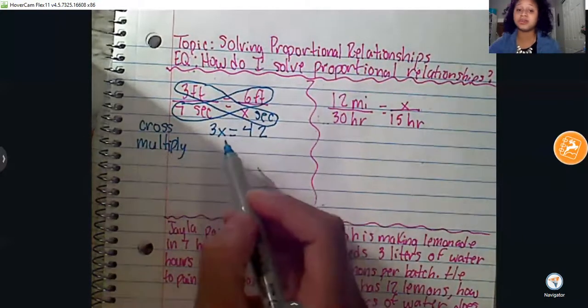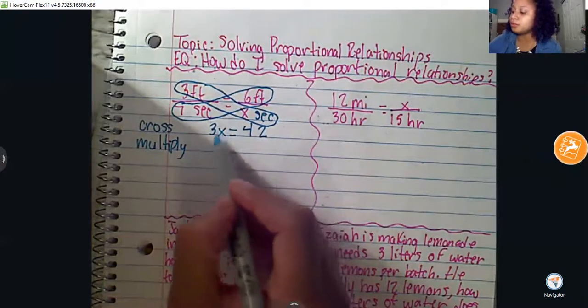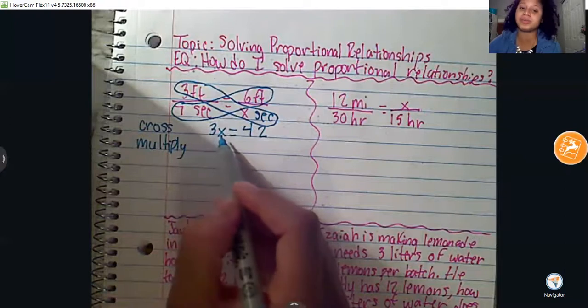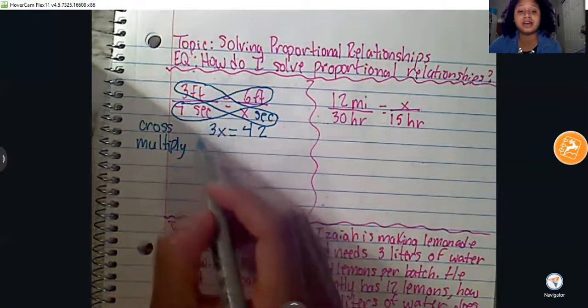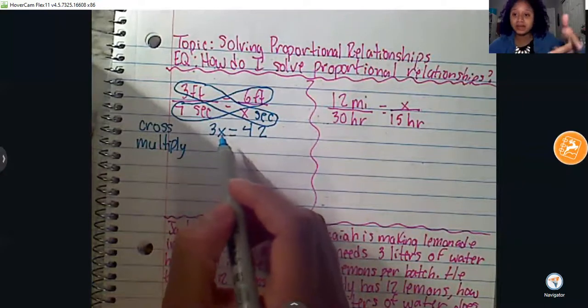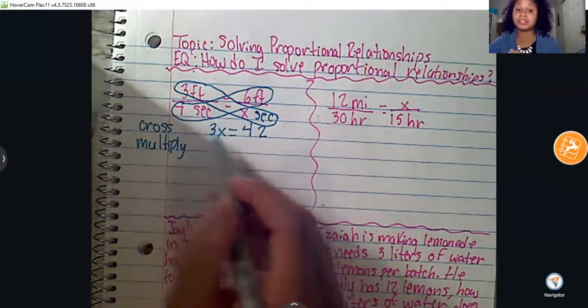So then this just becomes a one-step equation that you need to solve. This is like saying 3 times x. To solve this, you would do the inverse operation, which is the opposite operation. If you're multiplying, the opposite would be to divide.